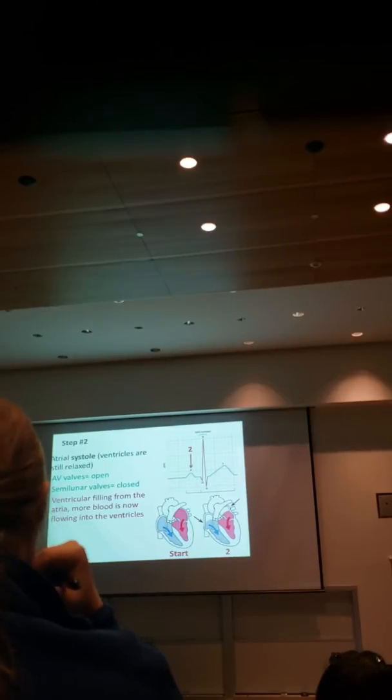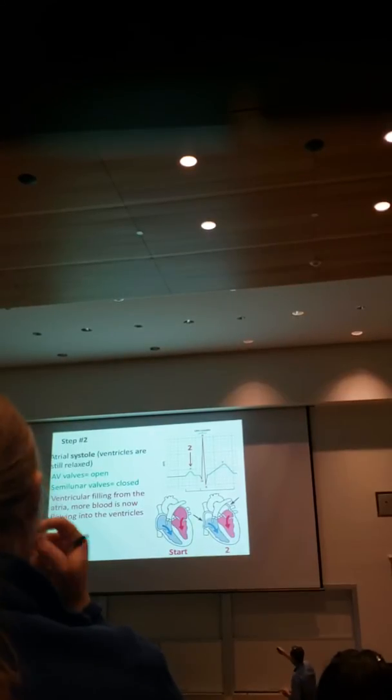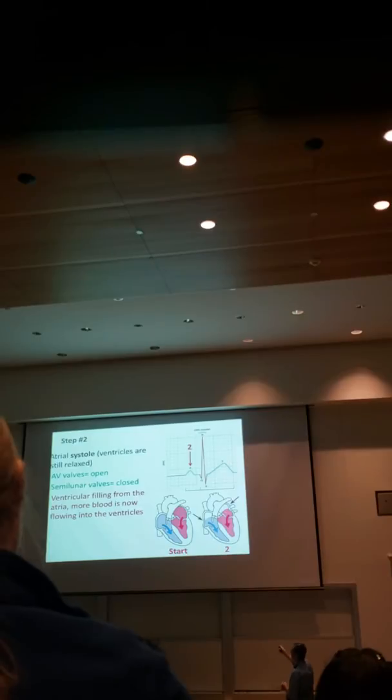Atria, wonderful, right? It's going to be a tiny bit after the P, because first of all, we need the action potential, and then we're going to have contraction. What about the ventricles? Are they going to go immediately to systole? No, right? Because we talked about that very important delay. Okay, so let's see what we have. In each step, we will have the previous step diagram and then the next step diagram.